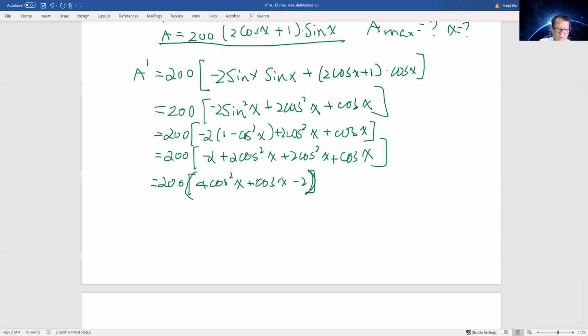When the maximum area is achieved, we need to let the derivative of A equal to 0. Therefore we have 4 cos squared x plus cos x minus 2 equal to 0.